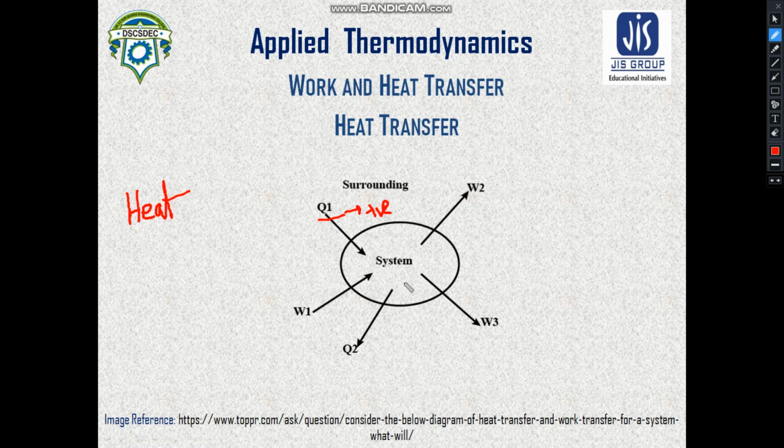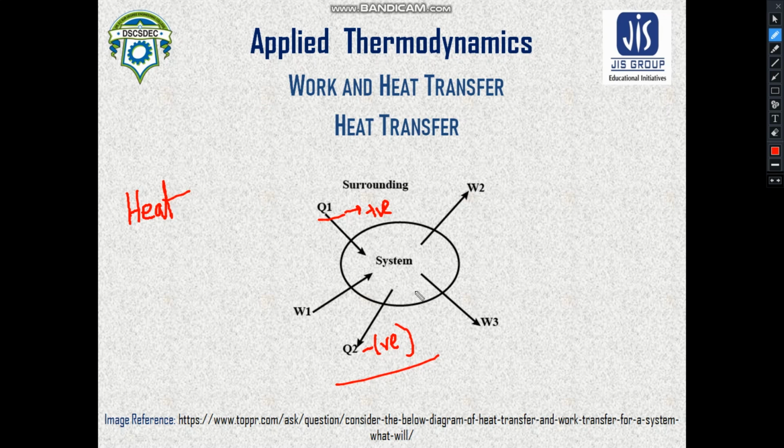Whereas this Q2 will be negative, because heat is releasing out from the system. So I hope you have understood the concept of heat transfer and the basic sign conventions of heat transfer.